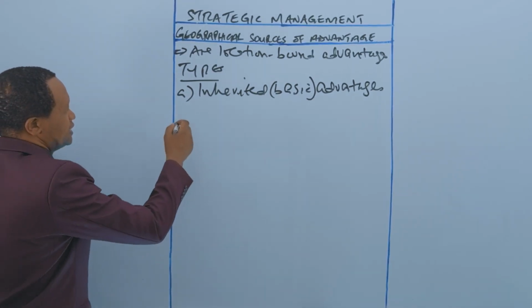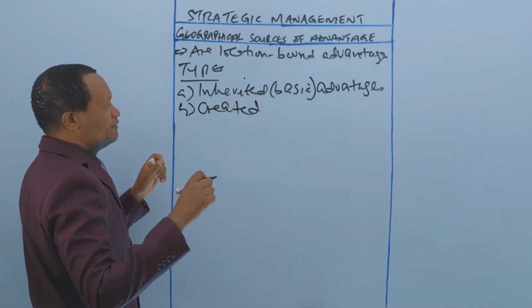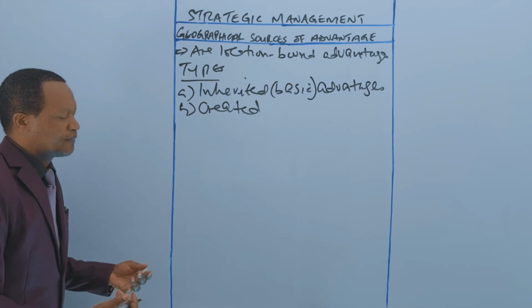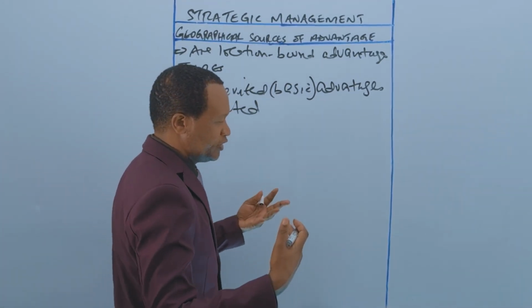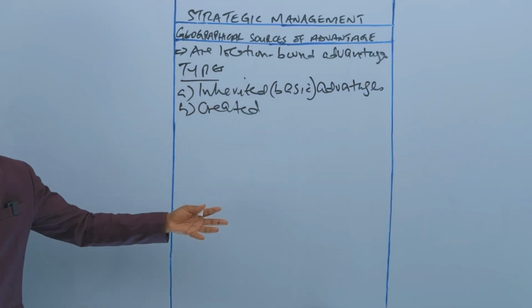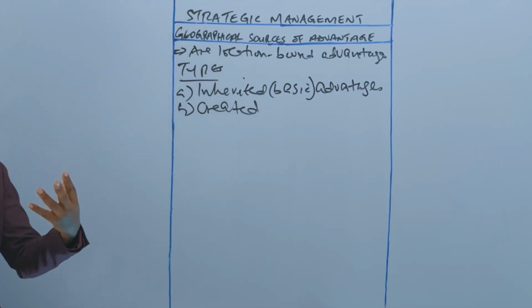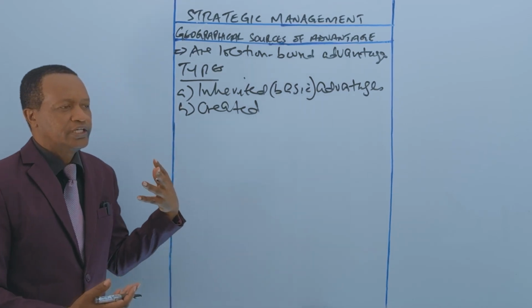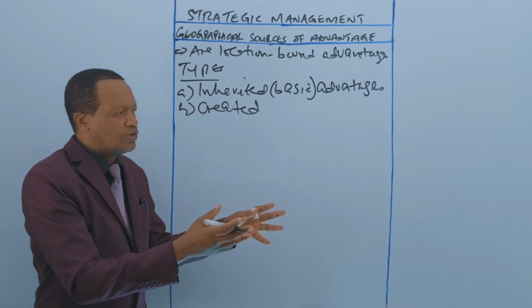Then we have created or enhanced advantages, or advanced advantages. These are benefits that are built by human investment over time, and they include a high-skilled workforce, specialized research universities, advanced digital infrastructure, and favorable legal or tax systems.